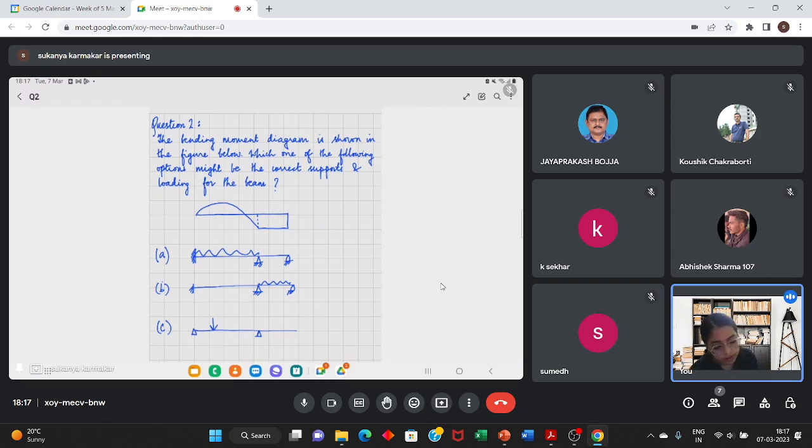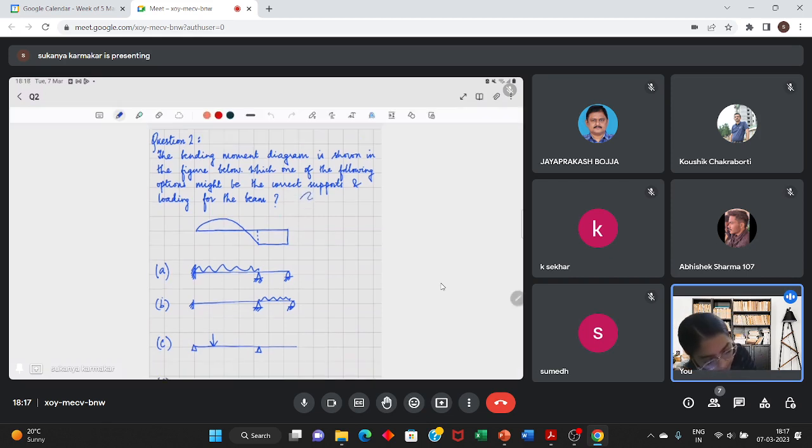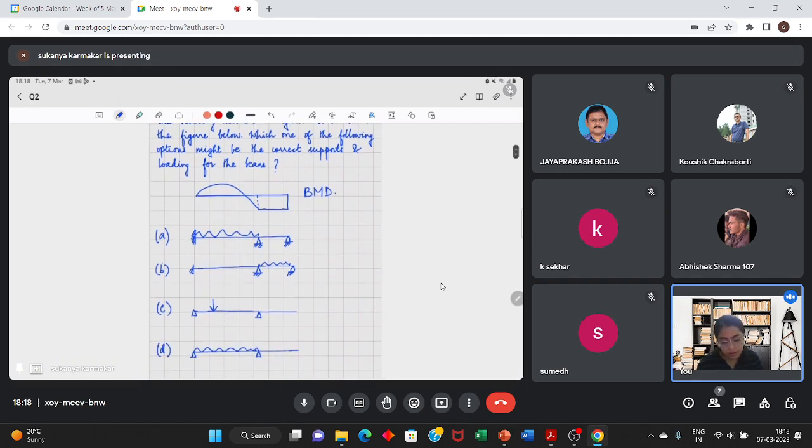So this is the bending moment diagram. This is the bending moment diagram. And out of these 4 options, you'll have to select the beam which corresponds to this bending moment diagram.